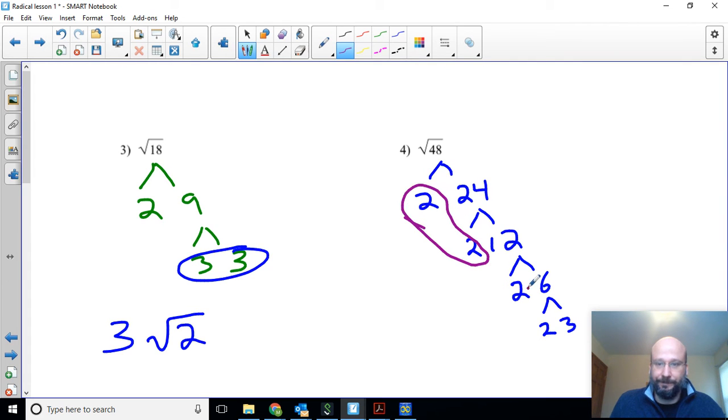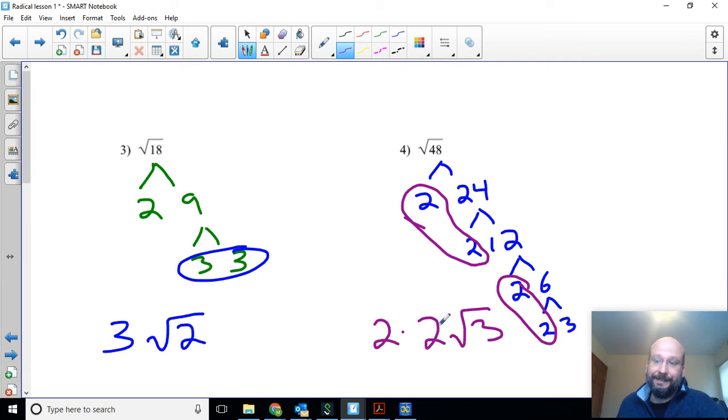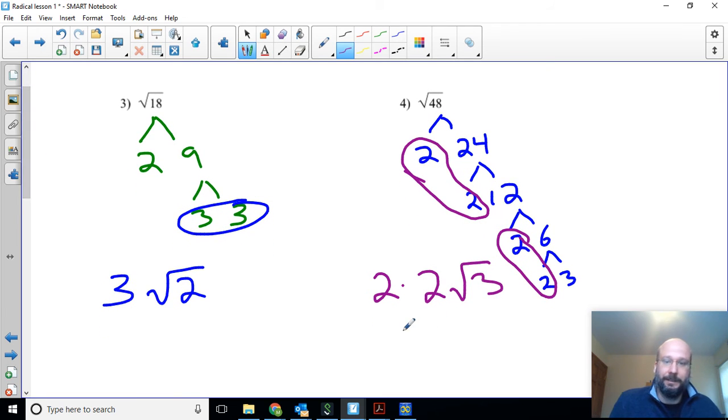So that's a group and that's a group. So for every group of 2, I bring one of those to the outside. So I have this 2, and then I have this 2, and then inside I have a 3. And these 2 numbers that I bring to the outside, I have to multiply them. So that's going to be 4 root 3.